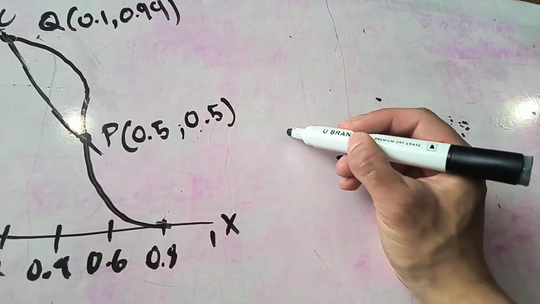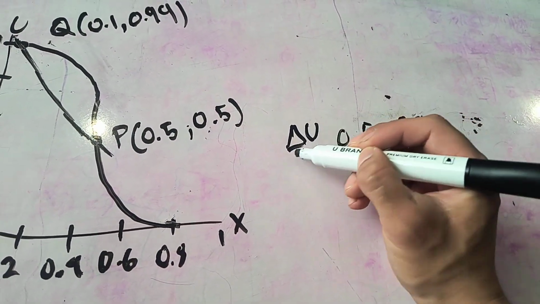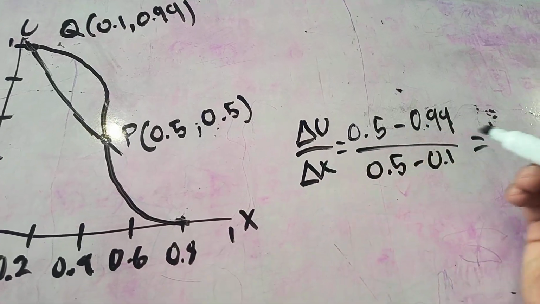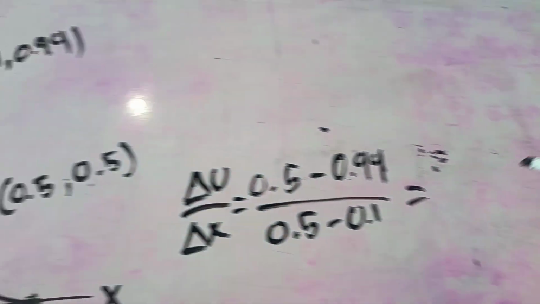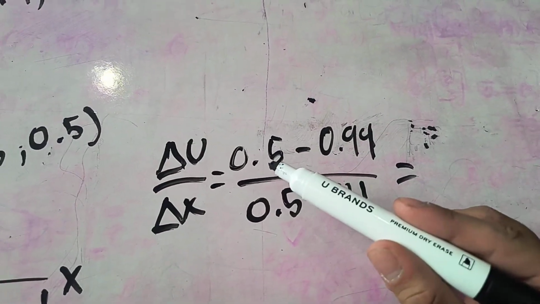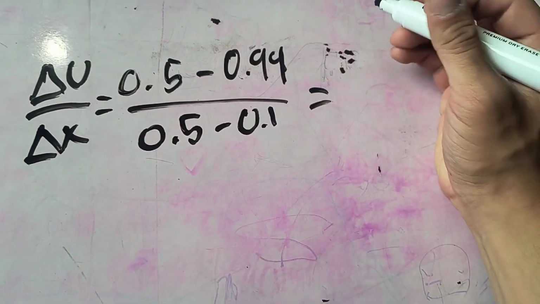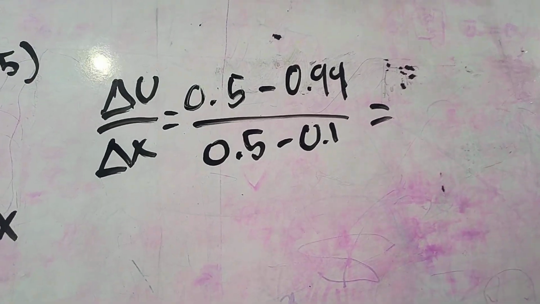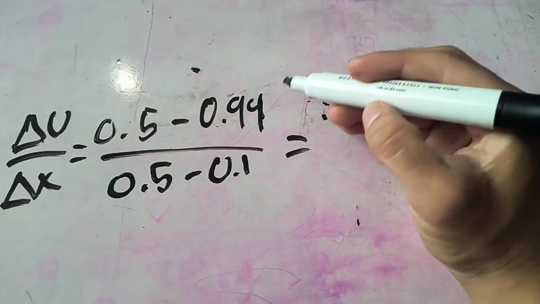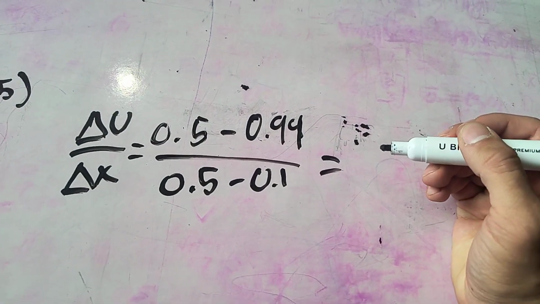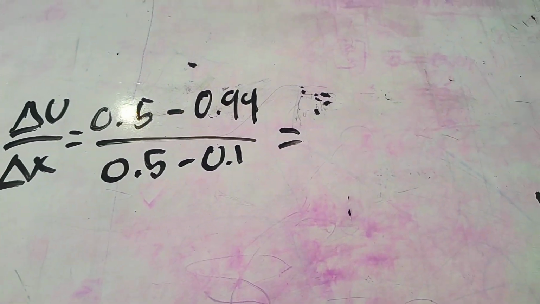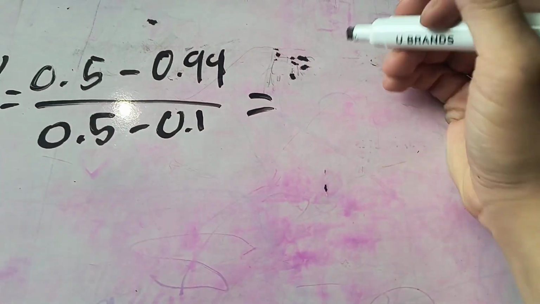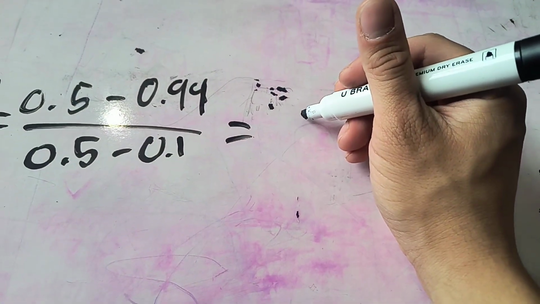This would be the change in u over the change in x, which would give us the average rate of change. And so this would be negative 0.49, I believe, right? I'm gonna have to do some subtraction real quick. Yes, this would be 0.49.